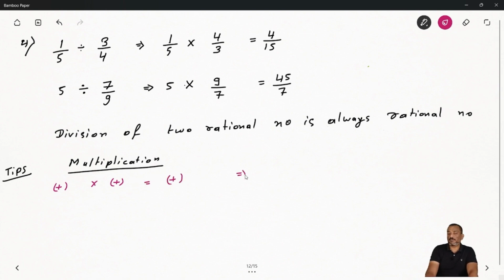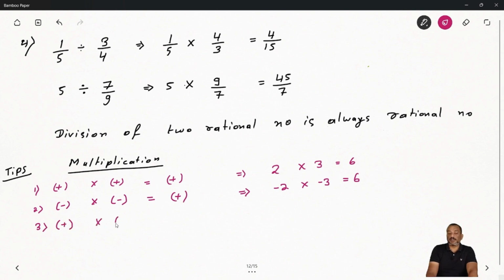For example, 2 multiplied with 3 always gives positive, that is 6. Second, if a negative integer or negative rational number is multiplied with another negative integer or negative rational number, you will always get a positive. Like negative 2 multiplied with negative 3 gives 6. Third, if a positive integer is multiplied with a negative integer, your result will always be negative.